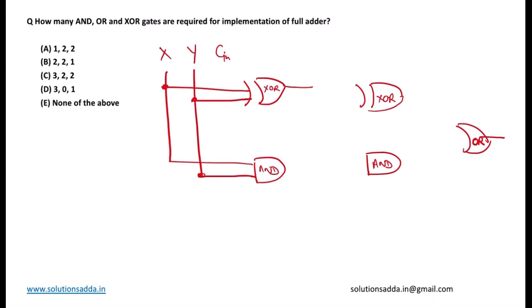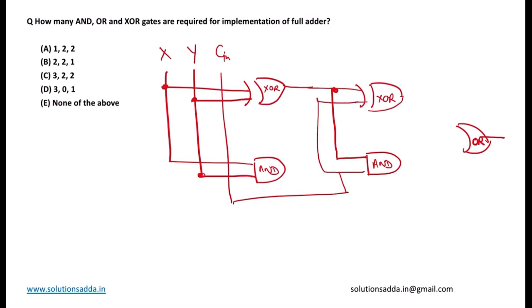So output is going to the XOR gate. The same output is also going to the AND gate. And the clock input is going to both the gates here as input for both gates.